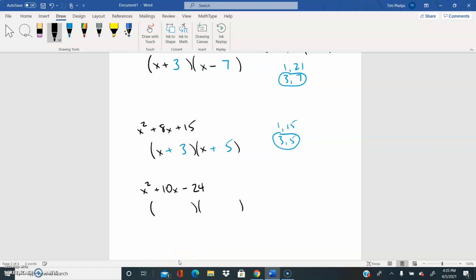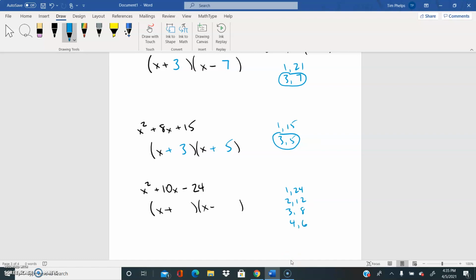So my parentheses, again, I'm basically doing reverse FOIL here. Since this constant is negative, these are going to alternate, one positive, one negative. So these numbers multiply to 24 and also subtract to being 10. So I have 1 times 24, 2 times 12, 3 times 8, 4 times 6.